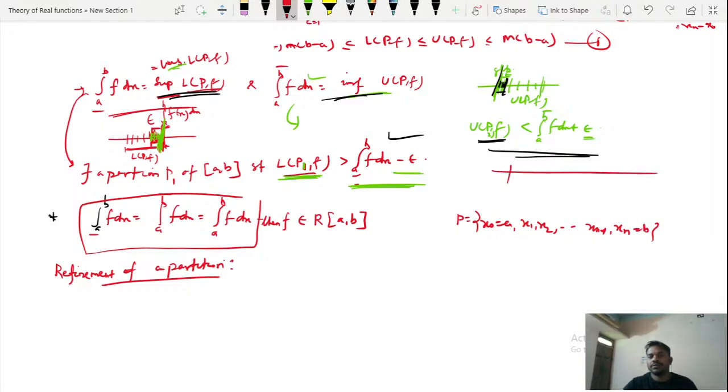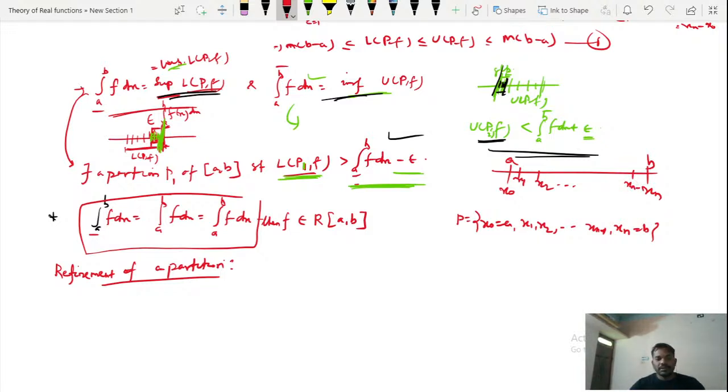This is a, this is b, and these are x1, x2 up to xn minus 1, xn. So this is a partition.